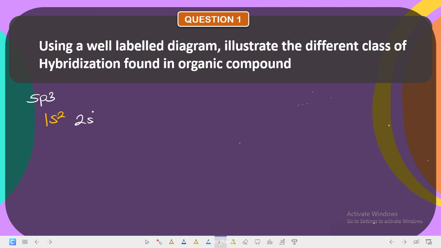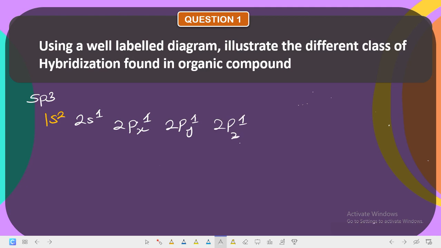According to the one I just gave, the 2s here will now be 2s1 because one electron was promoted, and the other one will be what? 2p3. This 2p3 is split into 2px1, 2py1, and what? 2pz1.